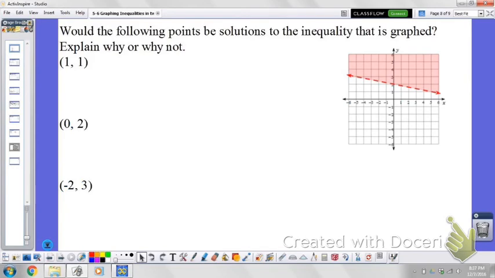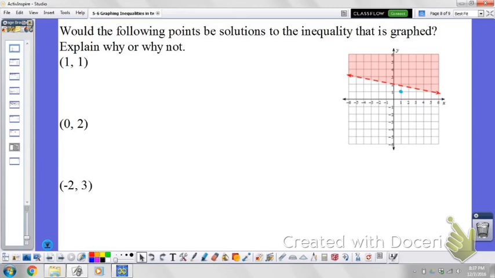Last part of the lesson is I want you to tell me if the following points will be solutions to the inequality that is graphed here. And we need to explain why or why not. So we need to first look at the point 1, 1. And we need to find out if it's going to be a solution. So let's go ahead and graph the point 1, 1. So I graphed the point 1, 1, and it is right there.